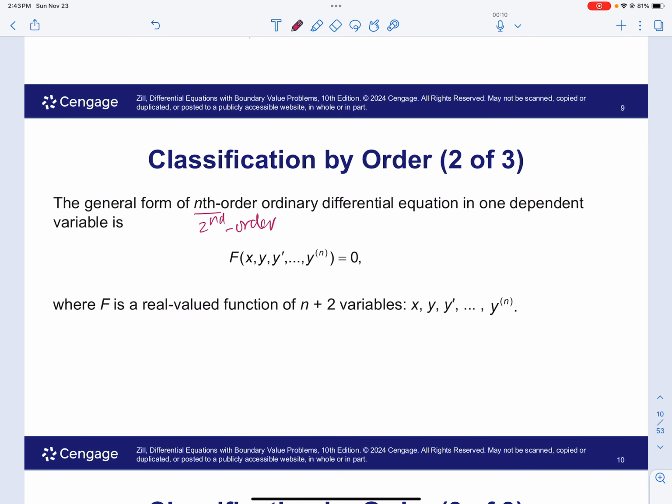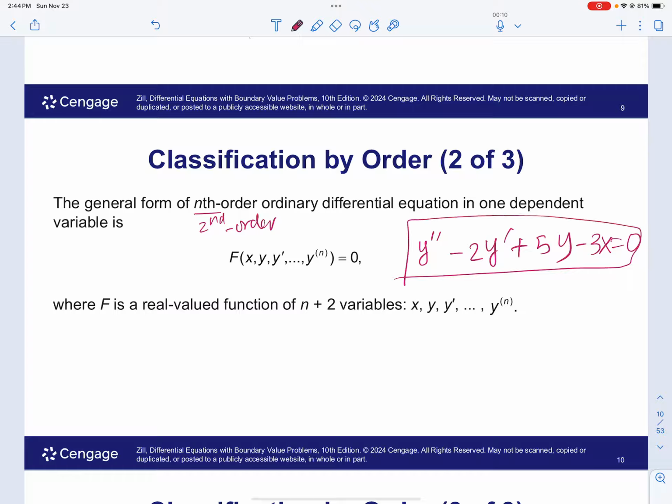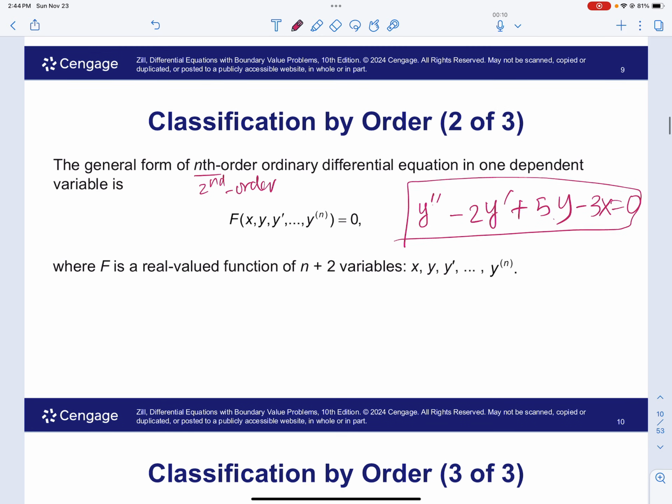Y double prime minus 2y prime plus 5y minus 3x equal to 0. This will be the general form. So you have the double derivative, first derivative, y and x term. Are you guys with me? So this means the general form.